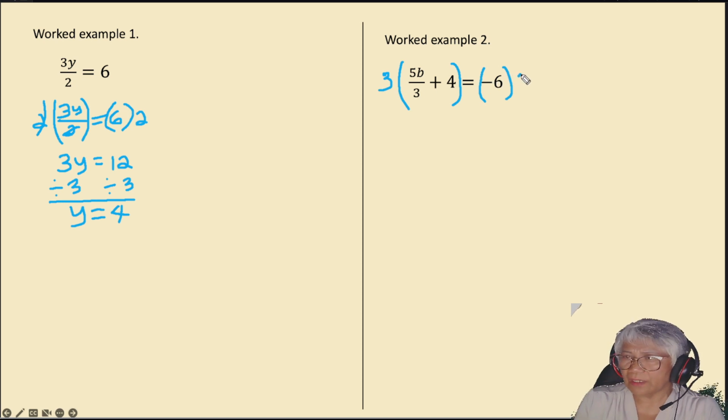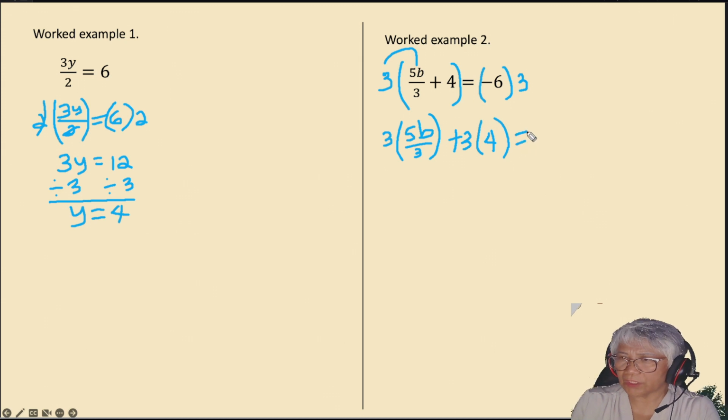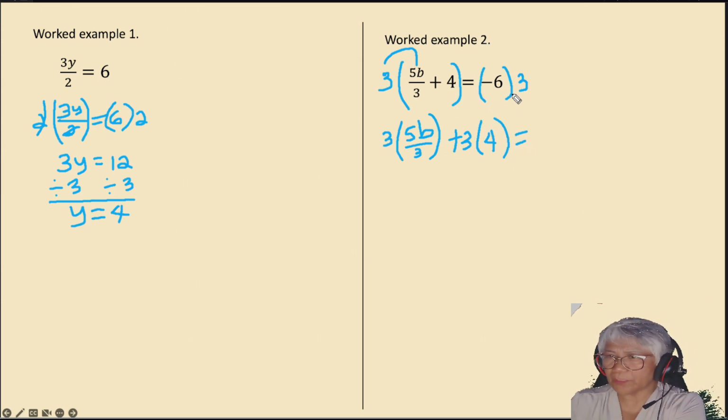So we multiply this one first. That is 3 times 5b divided by 3, plus 3 times 4, is equal to 3 times negative 6. Then we can simplify that.